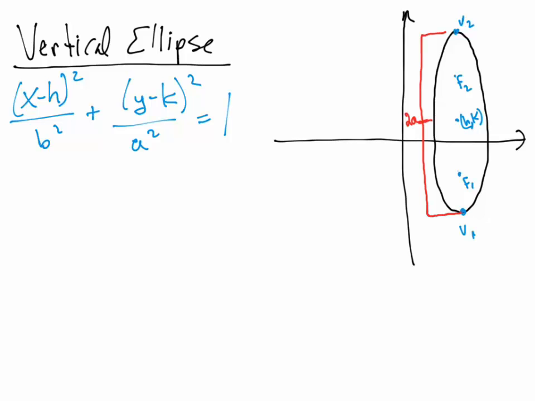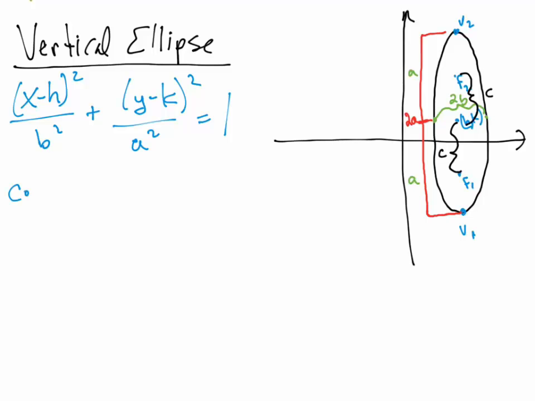So the halfway point is going to be a and a there. The 2b value is the distance along this minor axis. And then lastly, the distance from the center to each focal point will be c.